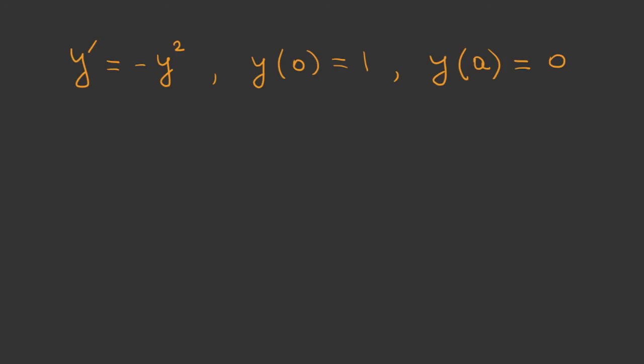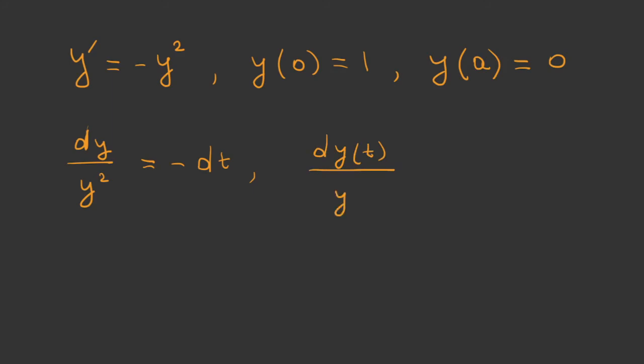Separate the variables, dy over y squared equals negative dt. Now think of the left-hand side. Despite the fact that everything on the left-hand side is expressed in terms of y, think of y as a function of t.